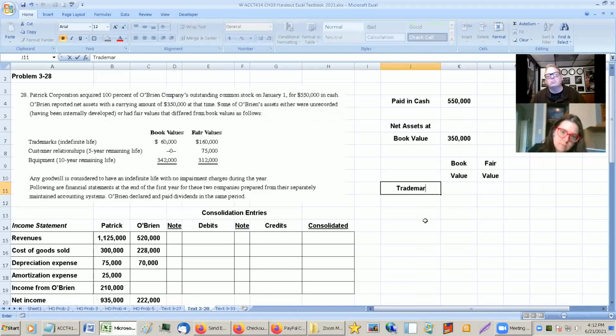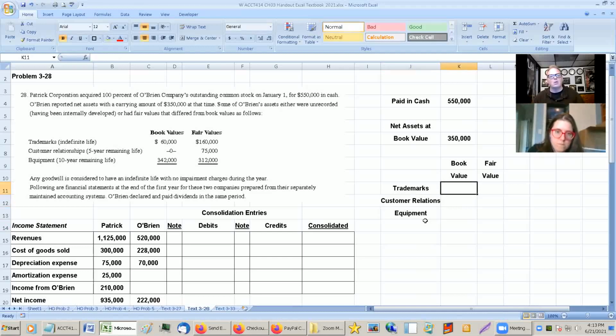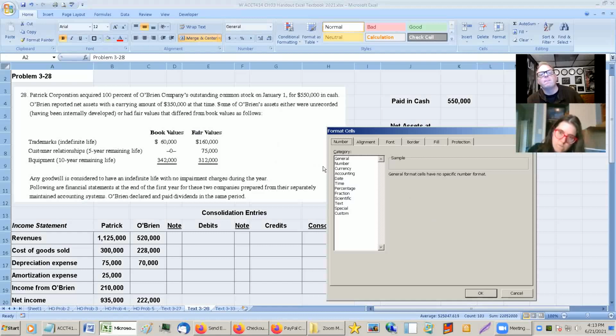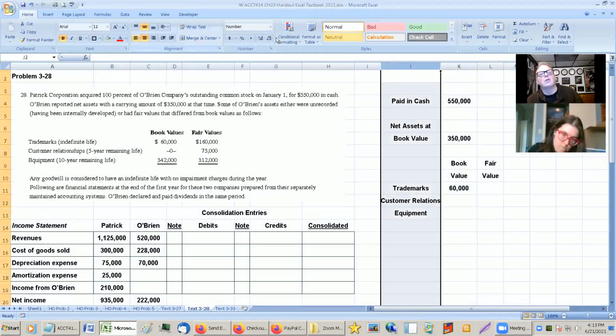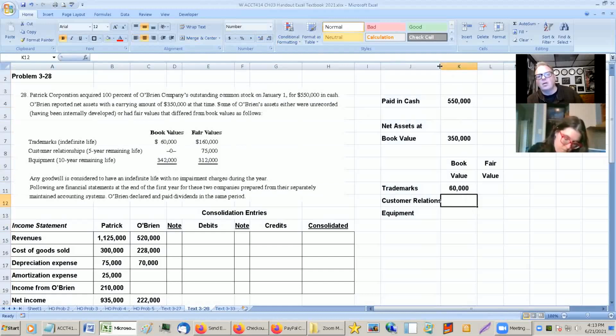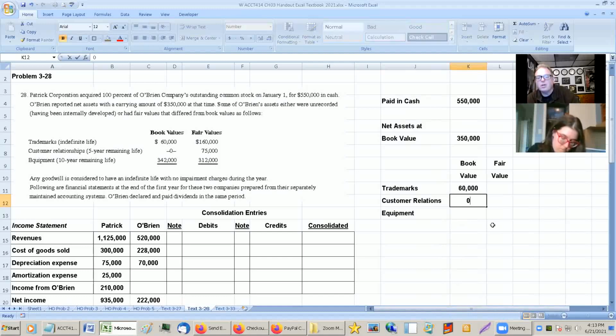Okay, so trademark. Let's see. That's my revaluation of 0 to the fair value.